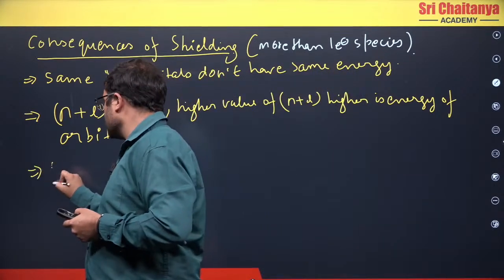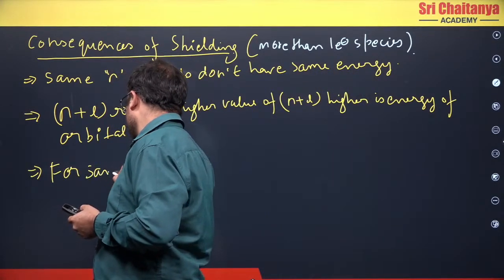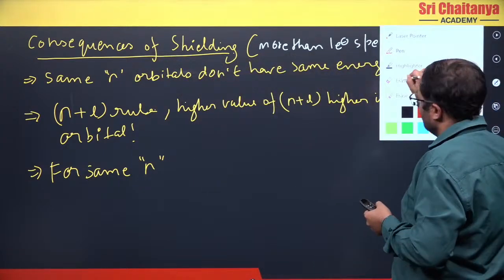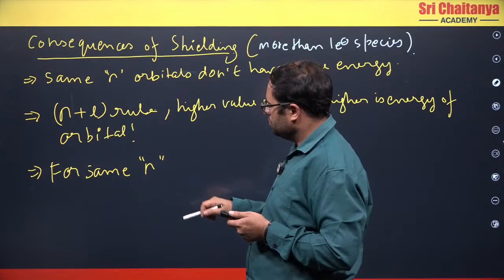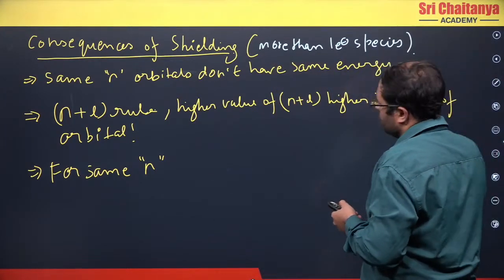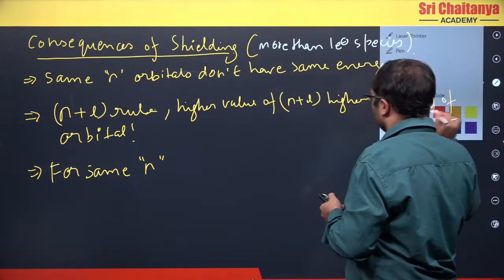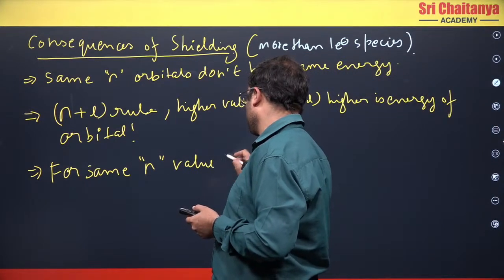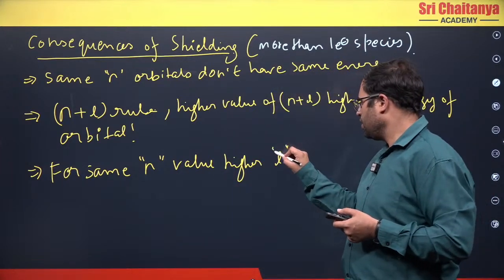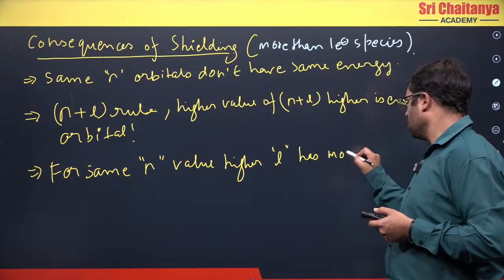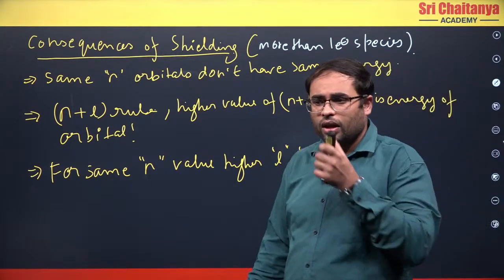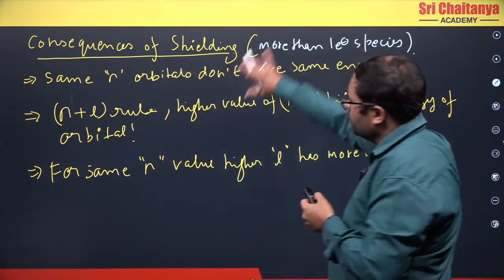Next it says that for the same n value, higher L has more energy.